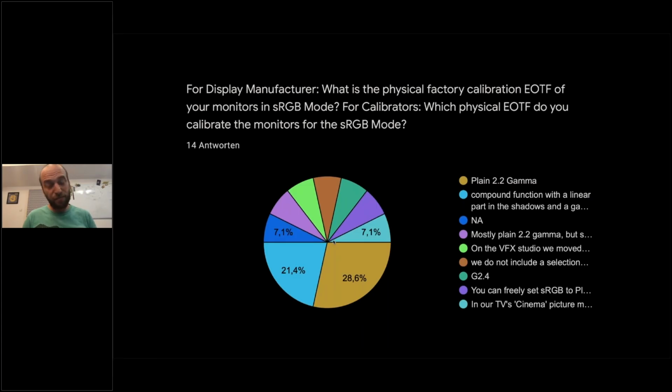So we would say that the majority of display manufacturers and calibrators tend to calibrate towards a pure 2.2 power law. So on the display side of things, it seems that the majority is living the standard as it was designed over 20 years ago.